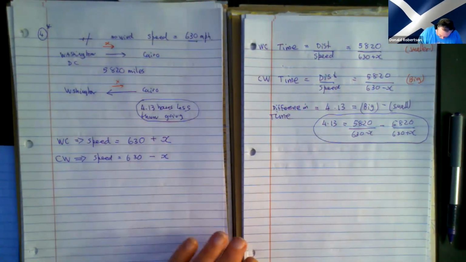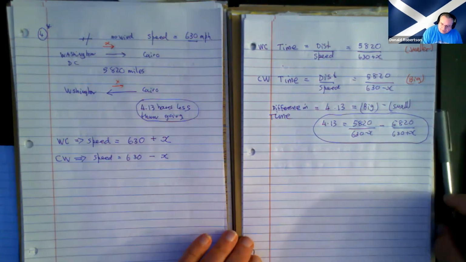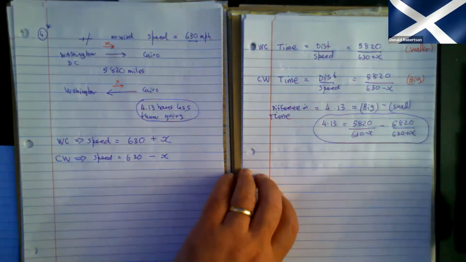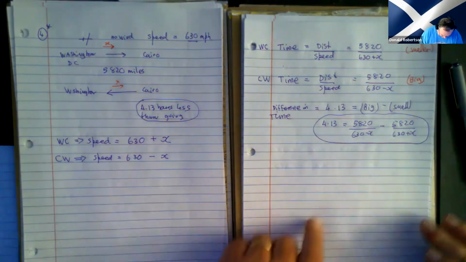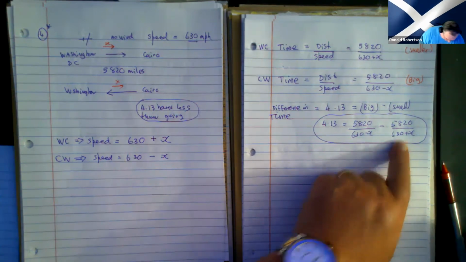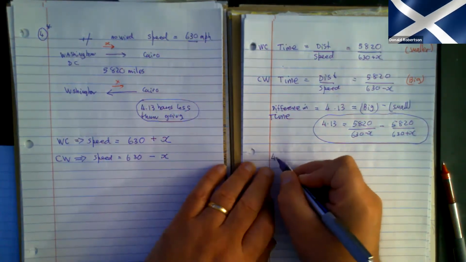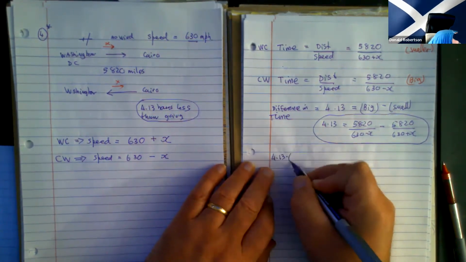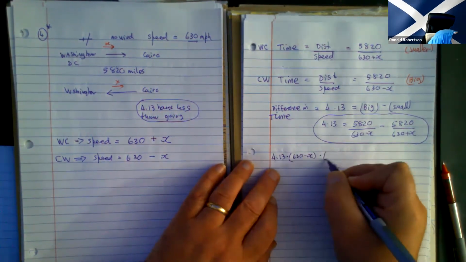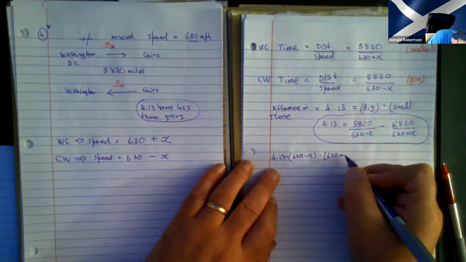Probably this is the worst question in the whole set. So you might think, well, how are we going to solve it? I am going to multiply both sides by 630 minus x and by 630 plus x. Show you what happens.